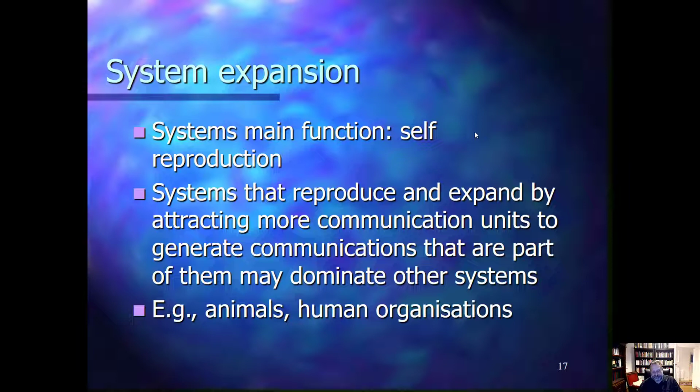So, for example, consider animals, the ones which can reproduce more and can adapt better to their environment generally outcompete other animals which are less able to do so. Or look at human organizations. You get chains of shops. The ones which organize themselves better, which adapt to their business environment better, grow faster and outcompete and dominate the others.